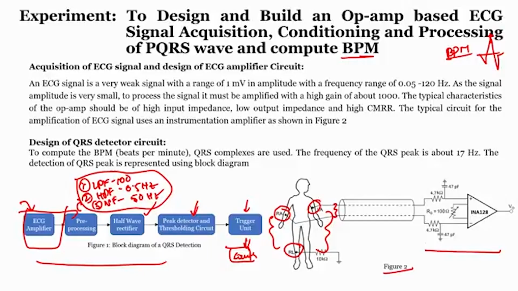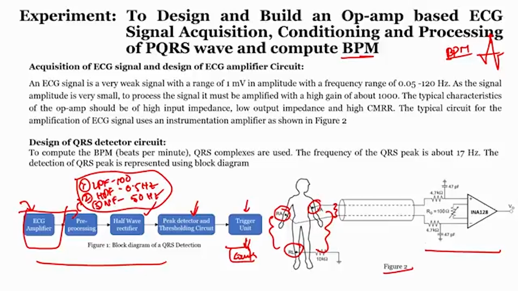But before giving you the live experiment on the ECG signal, we have to build the circuits, split the complete experiment into different subsystems, and design those subsystems as we have seen in the block diagram. We have to simulate that, and experimentally we have to verify whether the circuit is working as per our expectations or not.